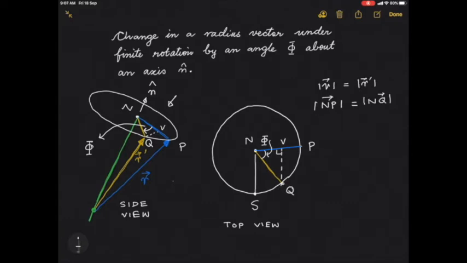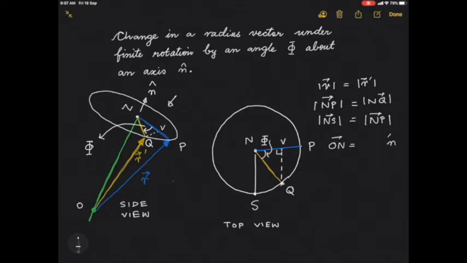NQ. So that's also true, right? See, NP is not vector r, but NP is this distance and NQ is this distance. They're all same, so as NS. So their magnitudes are all same. And the origin I should call O.